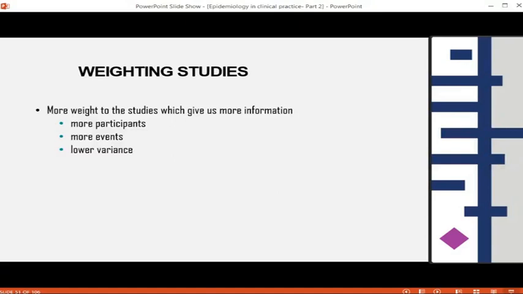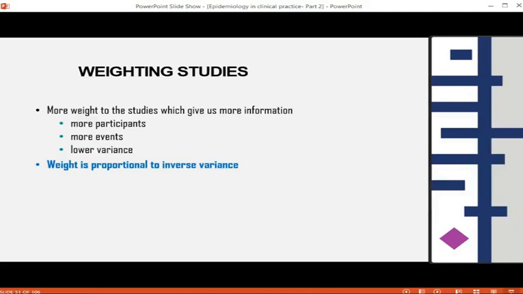So these are the three elements which are used to calculate weight, and the weight is the inverse of the variance. The best way to understand the variance is as a kind of distribution of the effects, and that's what uses the standard error, and that's how you calculate your confidence intervals.